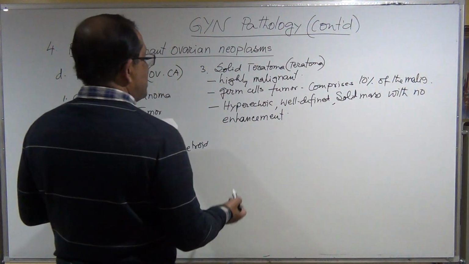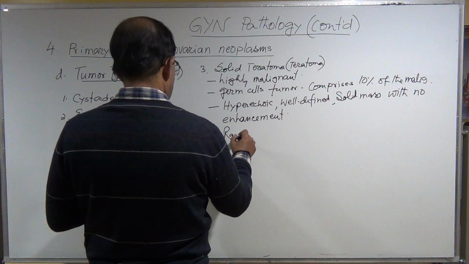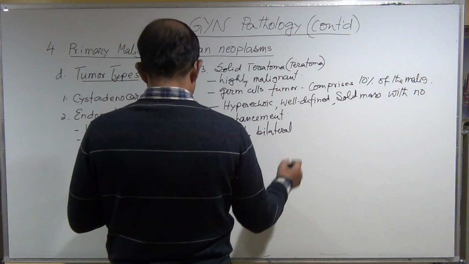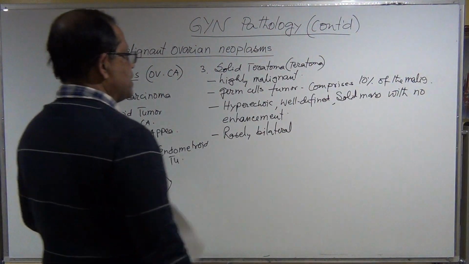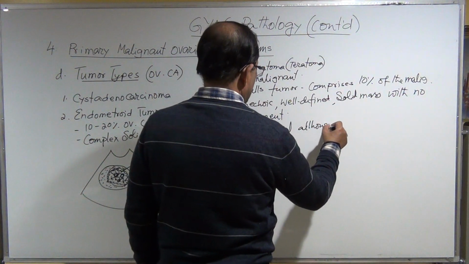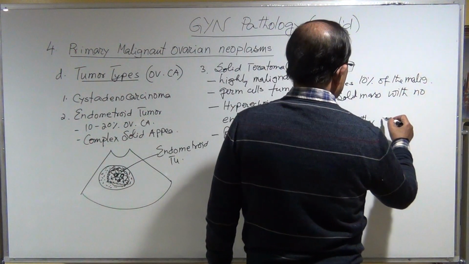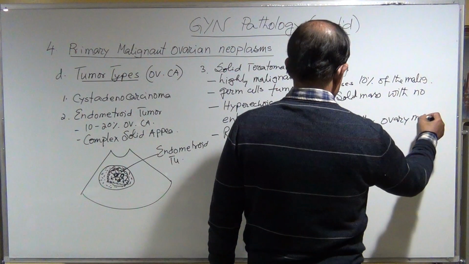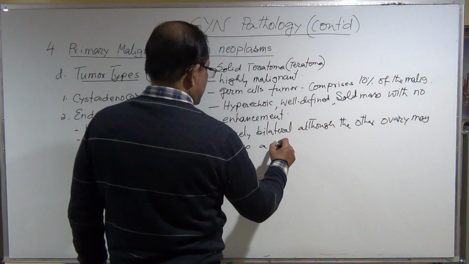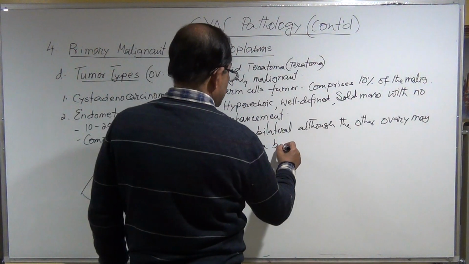They are rarely bilateral, although the other ovary may have a benign cystic or benign dermoid cyst.